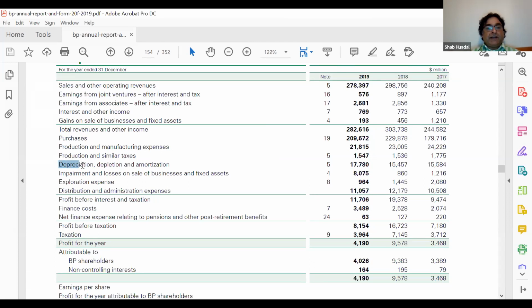Depreciation means the wear and tear of fixed assets. Amortization means the wear and tear of the intangible assets like software, system, process. Depletion means when something spills or something is wasted, because it's an oil business. So I'm very sure that when you're transferring oil from one destination to the other destination, there would be some oil spillage. So that is the depletion.